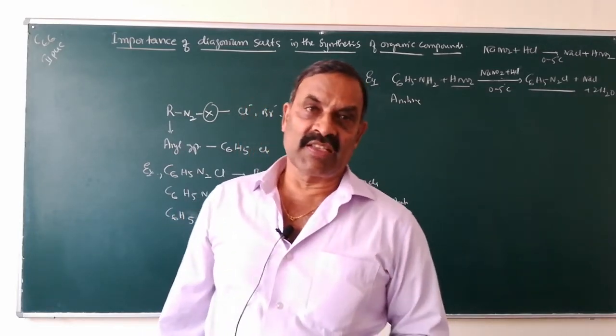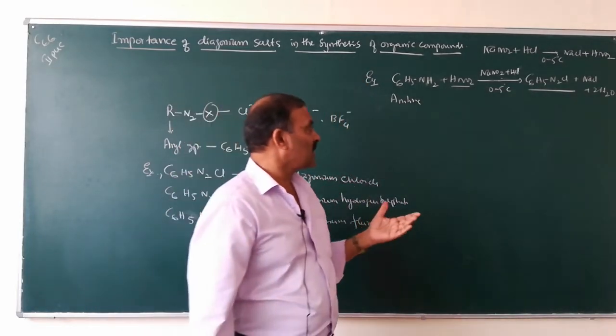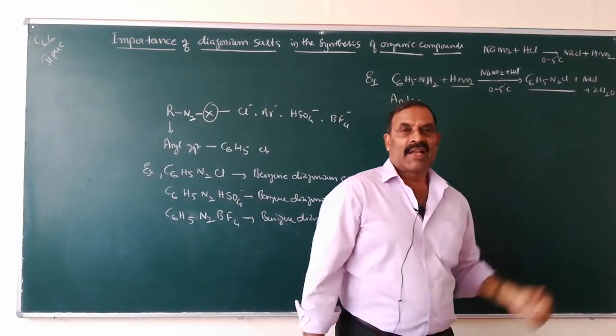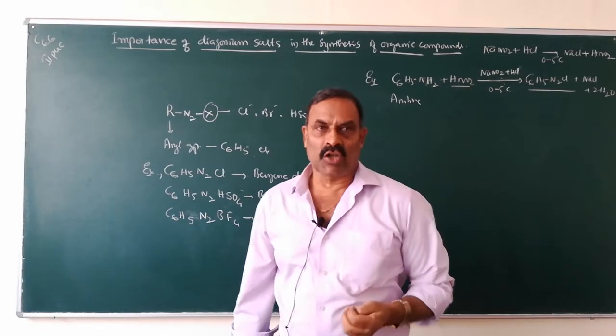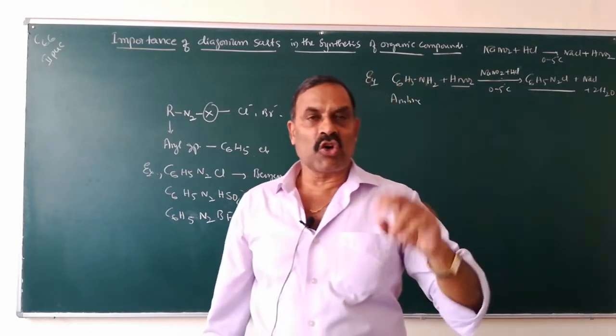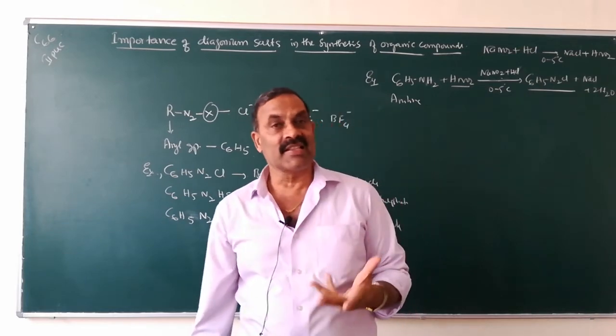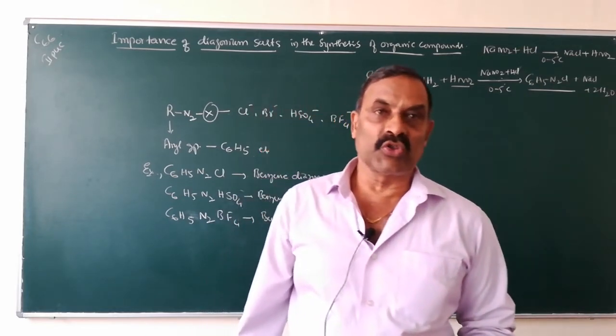Coming to the properties, benzene diazonium chloride is a colorless crystalline solid, and in the solid form it is unstable and decomposes.